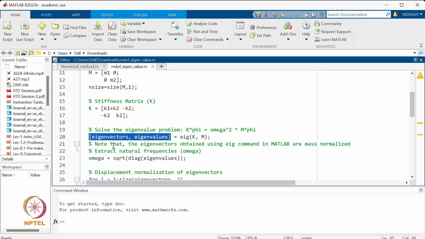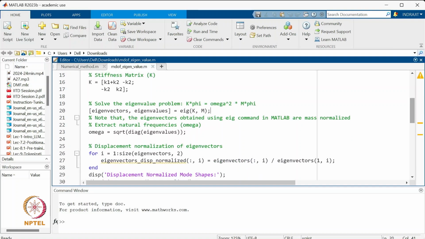Means if there is a single output parameter, it will give only the eigenvalues. Make sense? And if you write it with two outputs equal to eig of k comma m, it will give you the eigenvalues and eigenvectors.